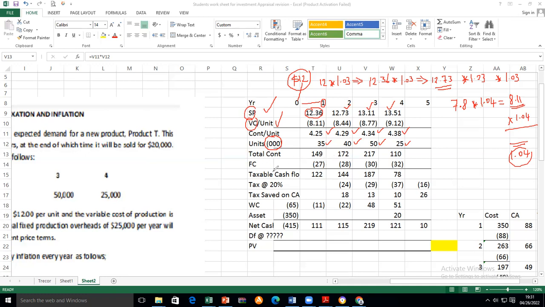Then from there, we have fixed cost. The fixed cost figure is 25,000. This is as at today's prices. So then we inflate the figures using 6%.